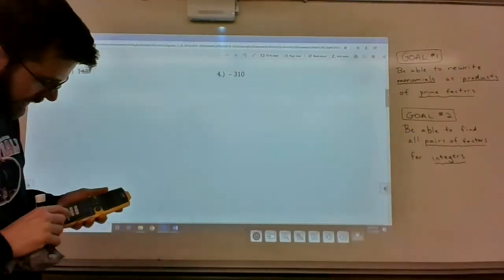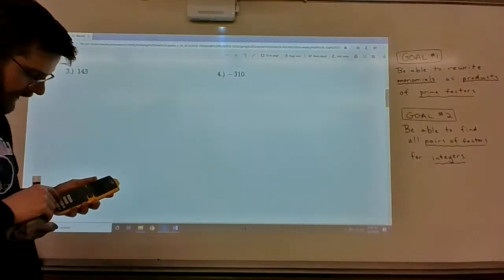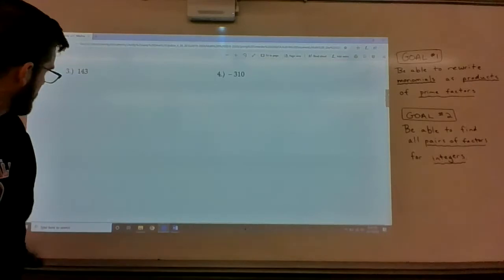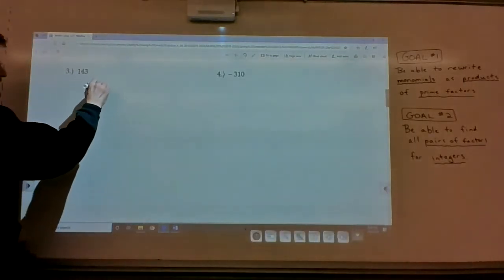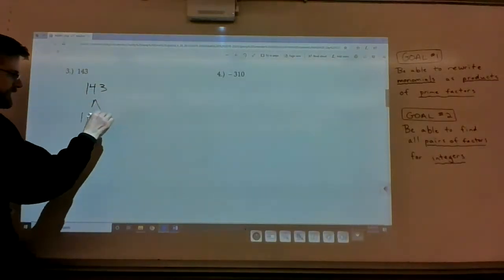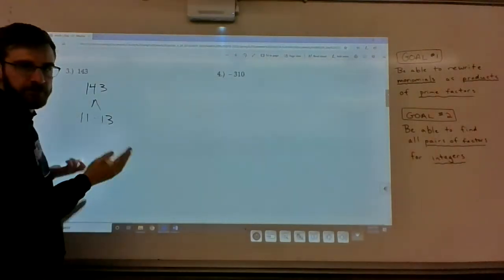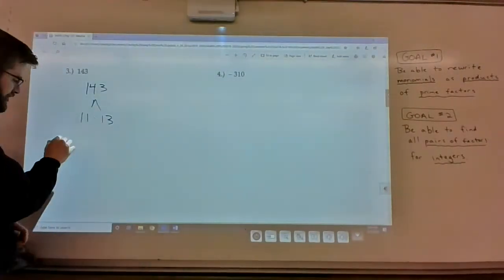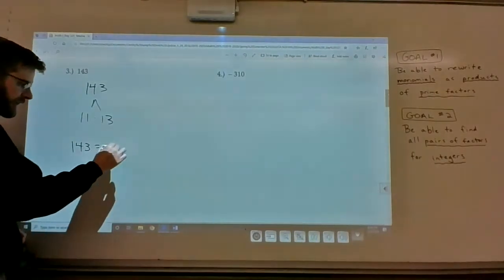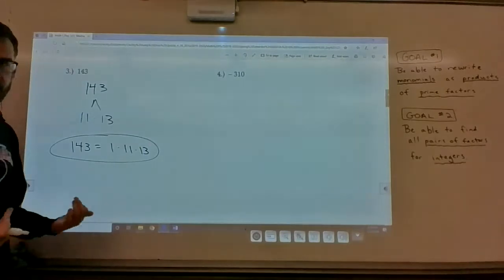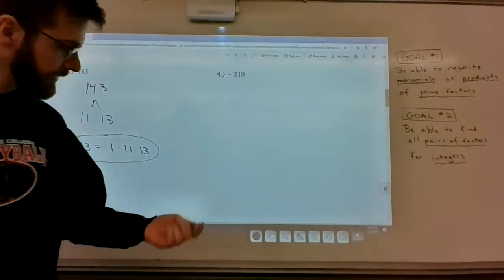If you take your calculator and take 143 divided by all the numbers leading up to 11, you'll find that 143 is 11 times 13. Now both 11 and 13 are prime numbers, so you basically have the prime factorization already. 143 is 1 times 11 times 13, and that's a perfectly legit way of multiplying that out.